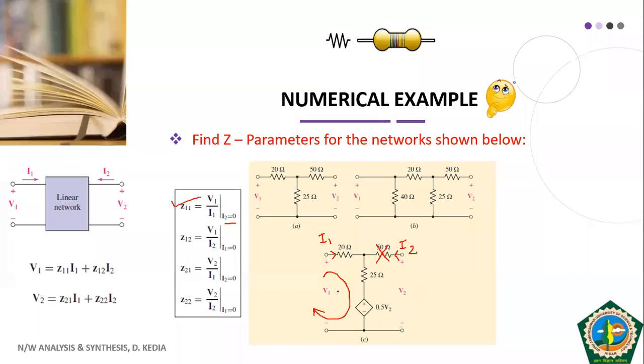So if we do that, what do we get? We get V1 is equal to I1 is entering. So since there is no current here, so your I1 will not go here. It is open circuit. So 20 and 25 ohm in series. So what do we get? V1 is equal to 45 into I1.